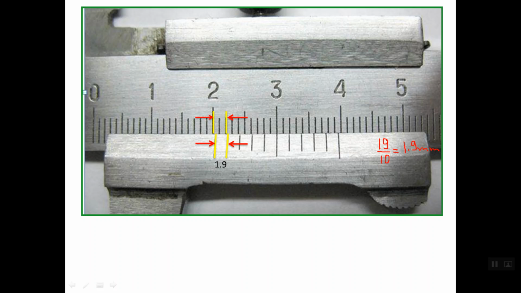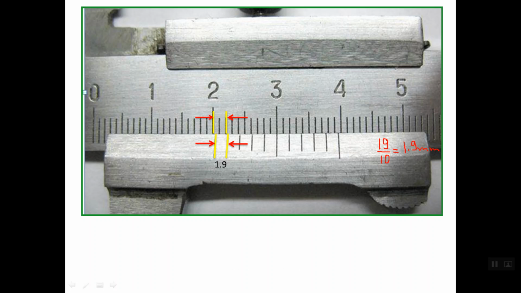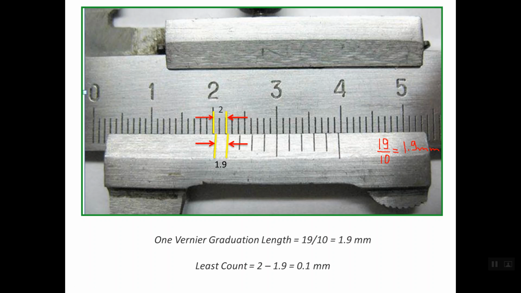And if you compute the distance between one line on the main scale and the next line, this is simply 2 mm. This is simply 2 mm. So one Vernier graduation length is equal to 19 divided by 10, so we have 1.9 mm.